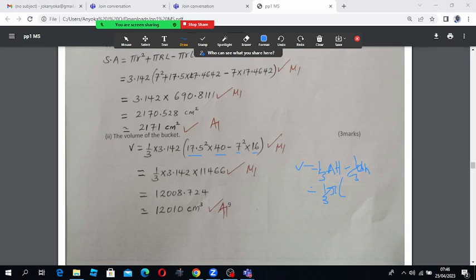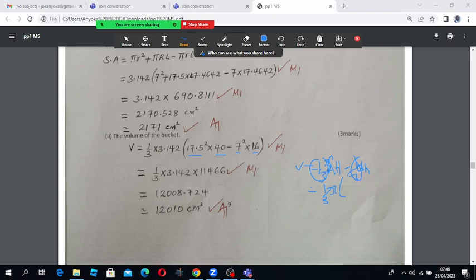That's after we have factored out a third, because the area of the base is pi r squared. So we factor out a third pi, which is common, to minimize our working.